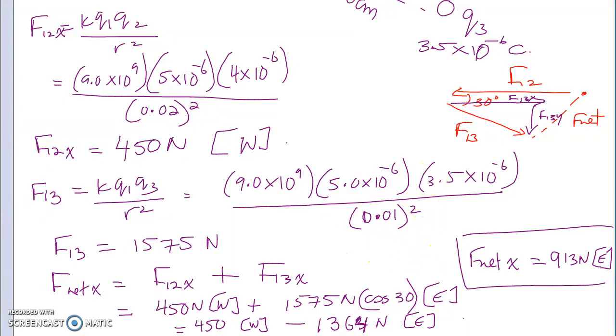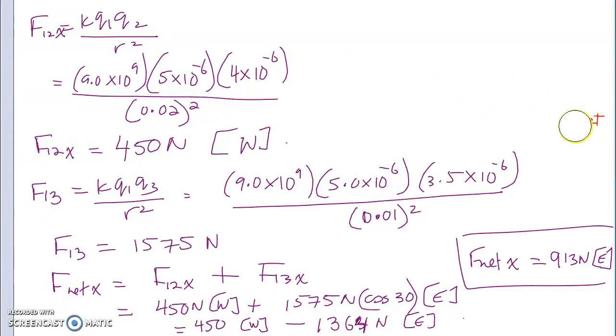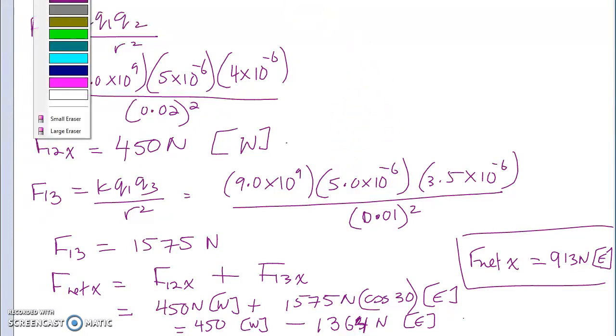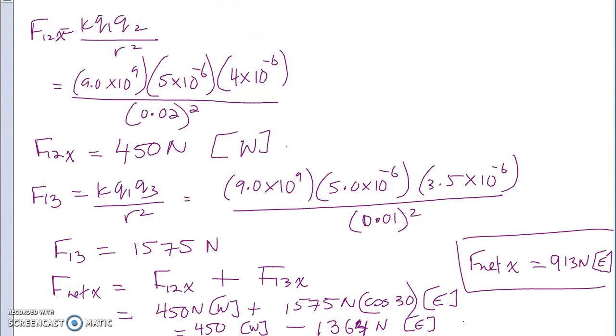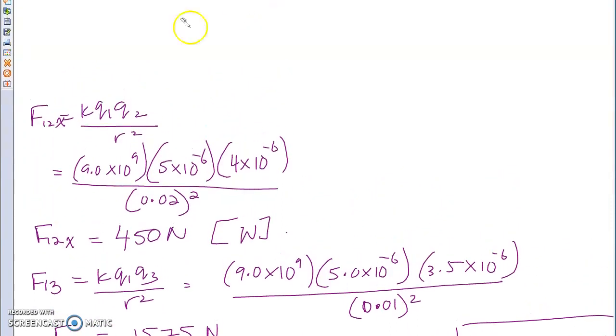Now we're going to do the exact same thing for my y component. Can I erase some of this? I'm just needing more space. Are we okay with these numbers? Okay. All right. So I'm going to move this up, and let's talk about F net y.